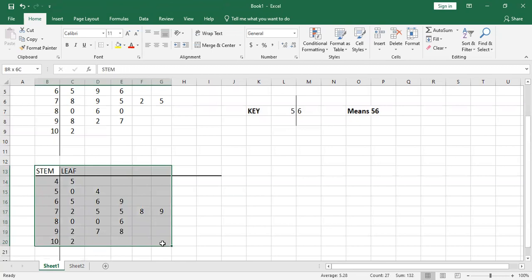Let me just pick it from here and paste it on my solution here.